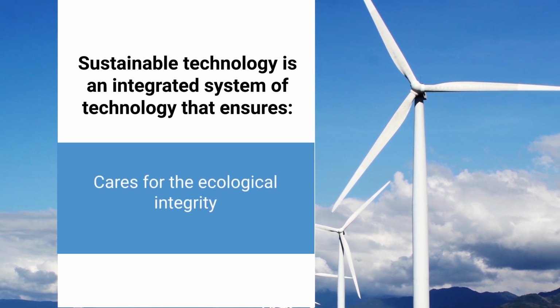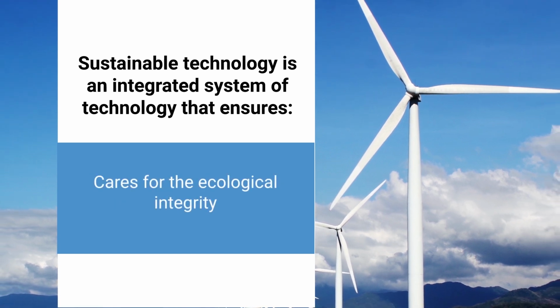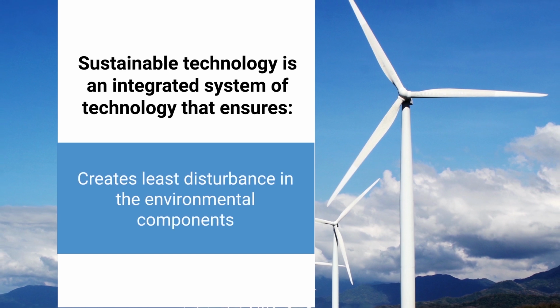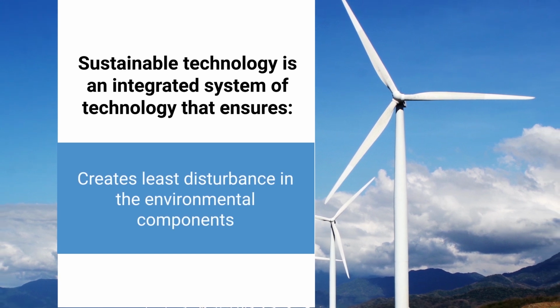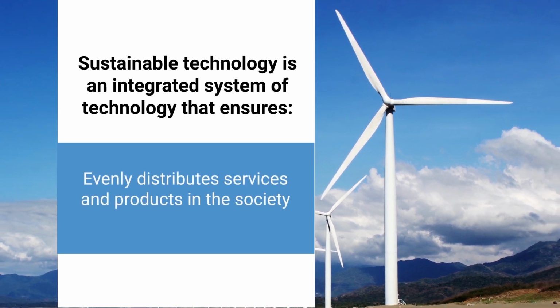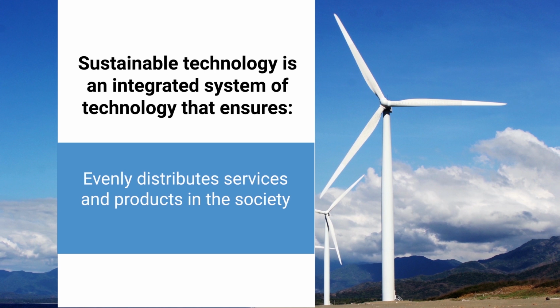It cares for the ecological integrity. It creates least disturbance in the environmental components. What are these environmental components? Air, water, soil, land. And it evenly distributes services and products in the society for human use.